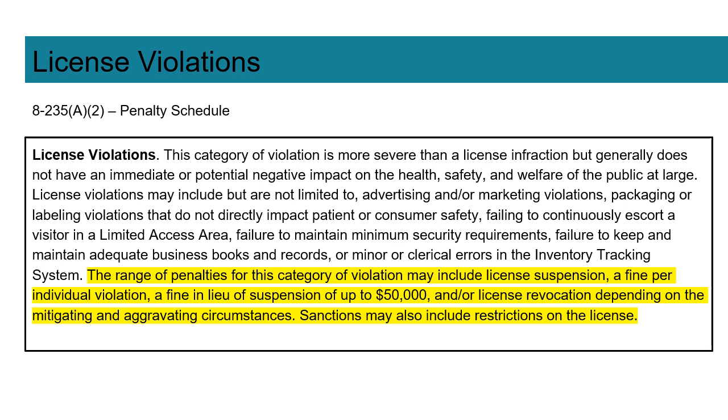The range of penalties for this category of violation may include license suspension, a fine per individual violation, a fine in lieu of suspension of up to $50,000, and/or license revocation, depending on the mitigating and aggravating circumstances. Sanctions may also include restrictions on the license.